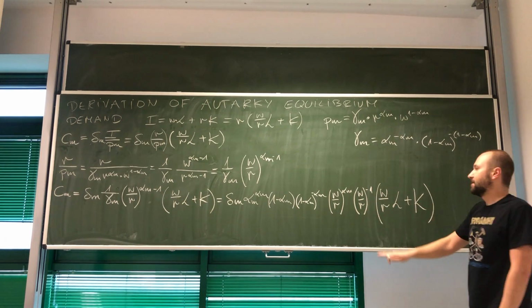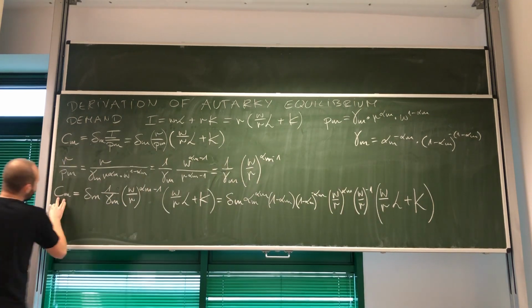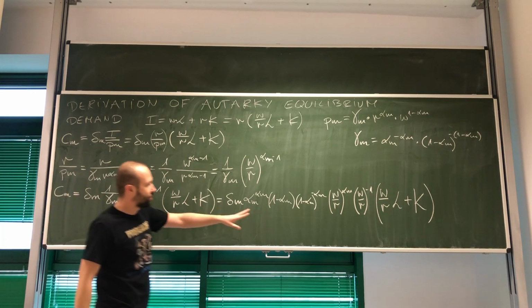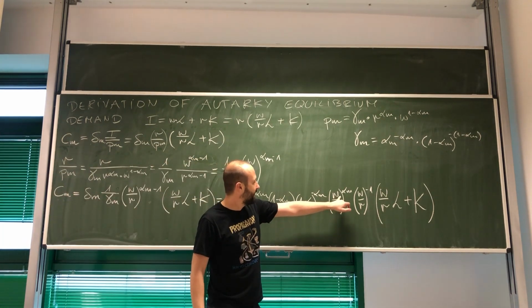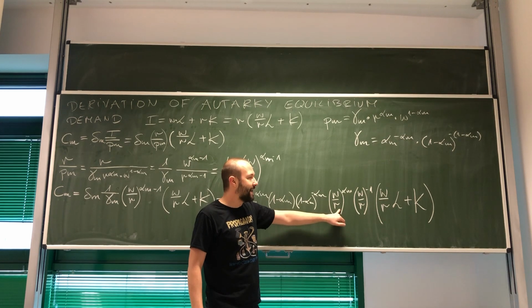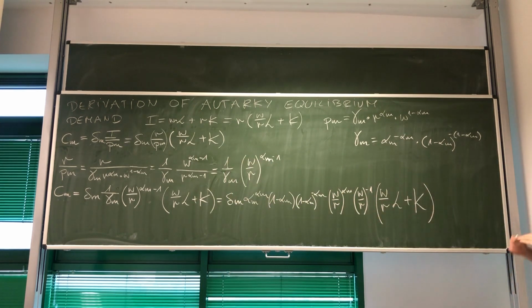And this expression is giving us demand, so consumption of manufacturers, as a function of wage and rent alone. Because look, what else do we have here? We have L and K, which are given to us, right?